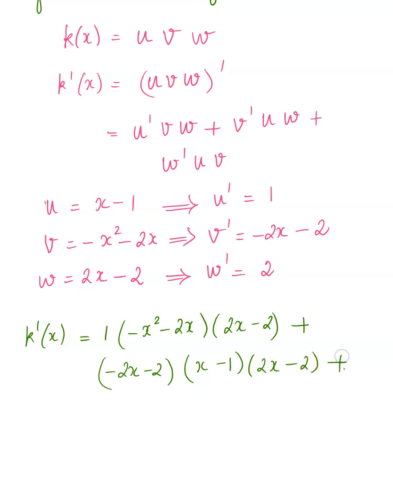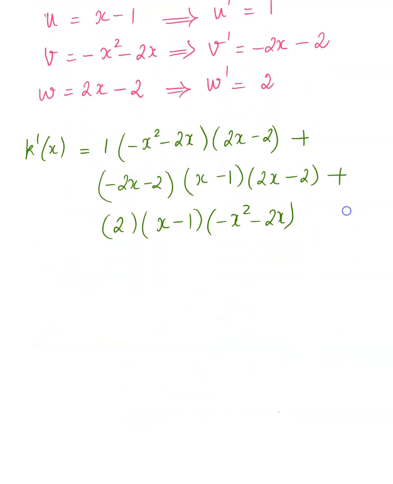And the third one was w prime, which is 2, times u times v. I know it looks lengthy, but it's definitely manageable because it's algebra. You'll have to FOIL it.